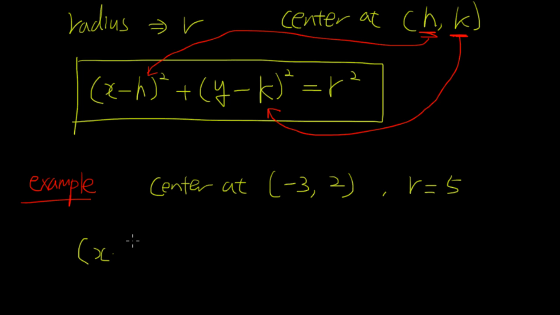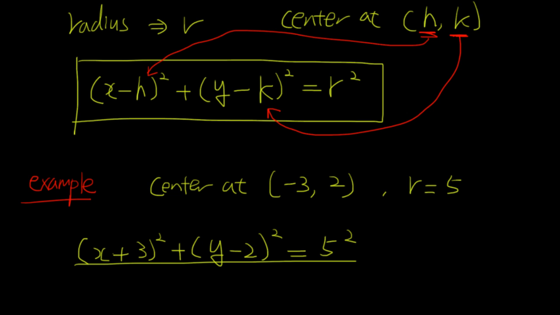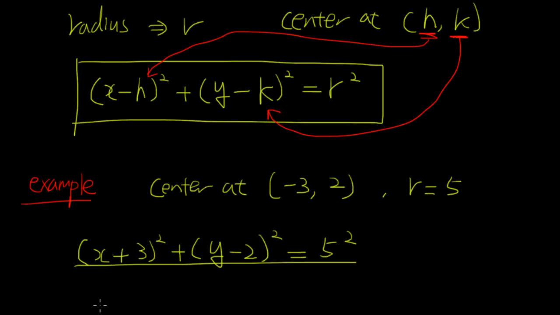If this is a minus 3 for h, then it's going to be x plus 3 squared. And if this is a plus 2, then it's going to be y minus 2 squared equals 5 squared. That's it. It's not that bad, right?